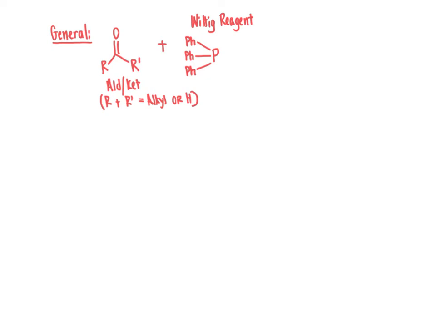So the Ph there indicates an aromatic branch coming off, and the squiggly line represents what that aromatic ring is connected to. So here we have 3 aromatic rings directly bonded to that phosphorus.